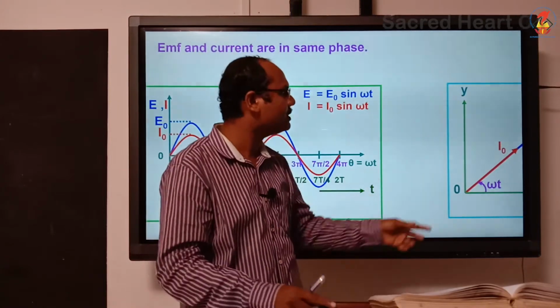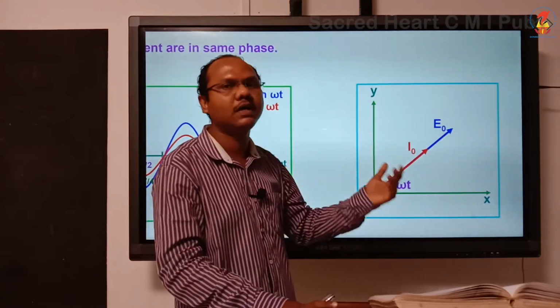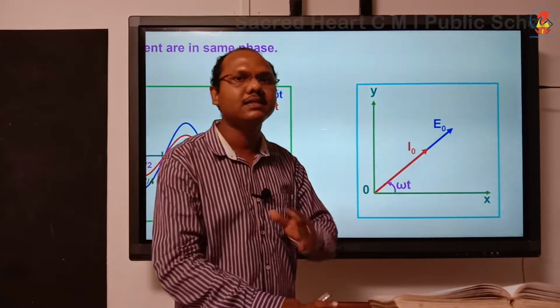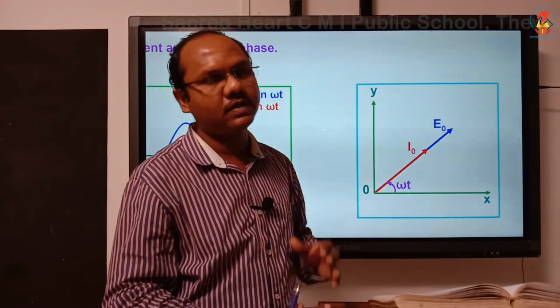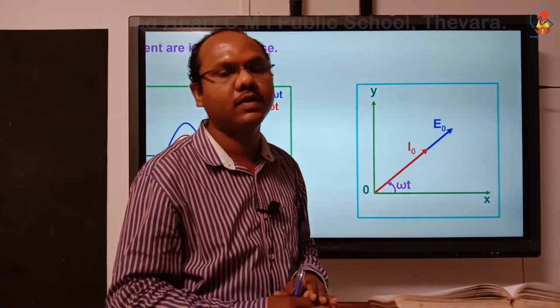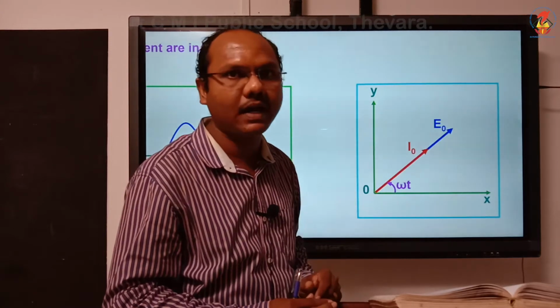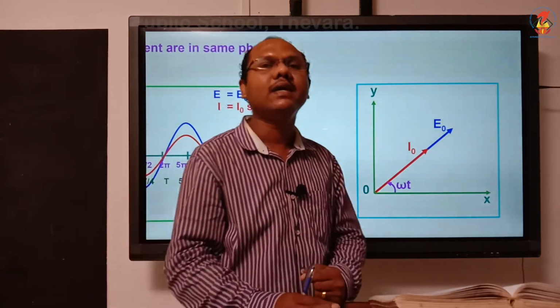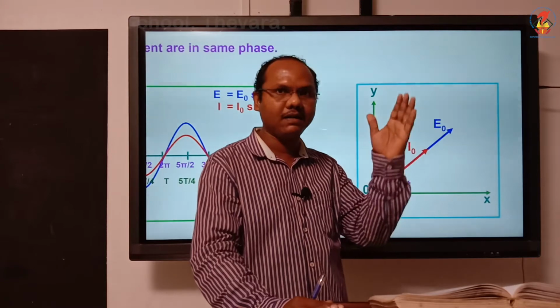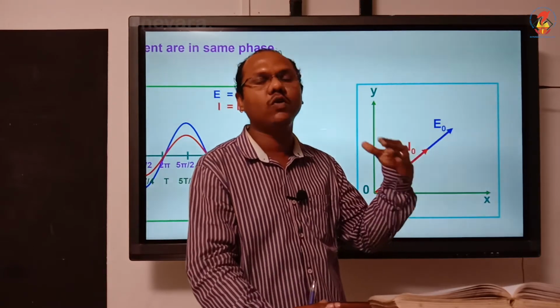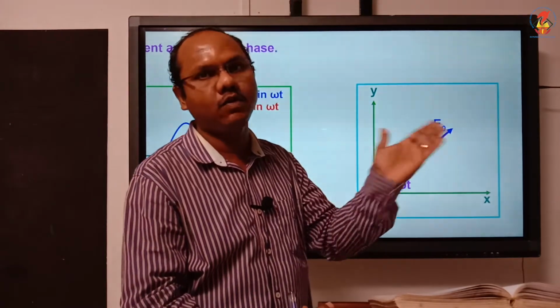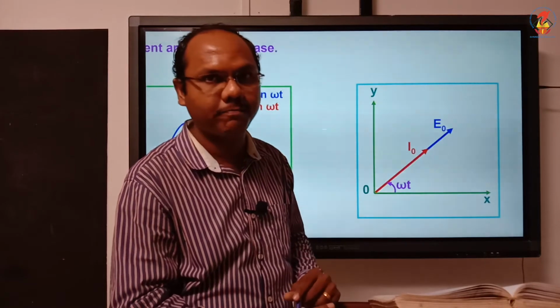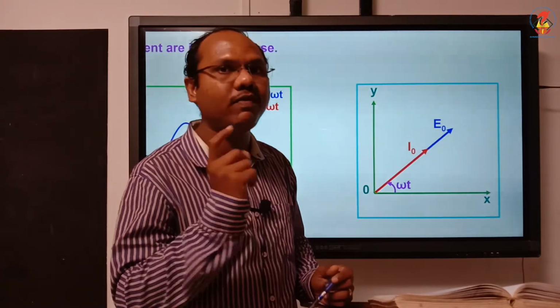A phasor is a vector which rotates about the origin with an angle theta. Since current and voltage vary alternately with time, we can represent current using one arrow and voltage using another arrow, and show the angle between them. Such a diagram is called a phasor diagram.